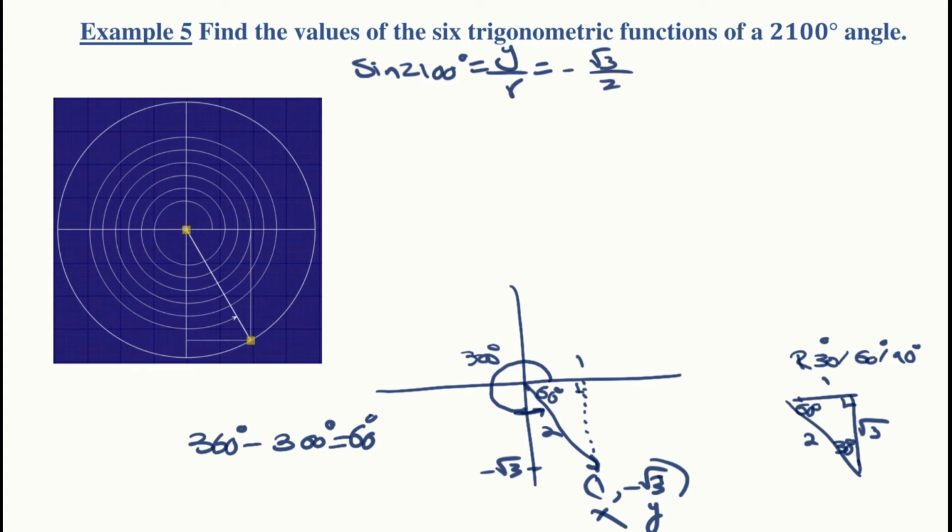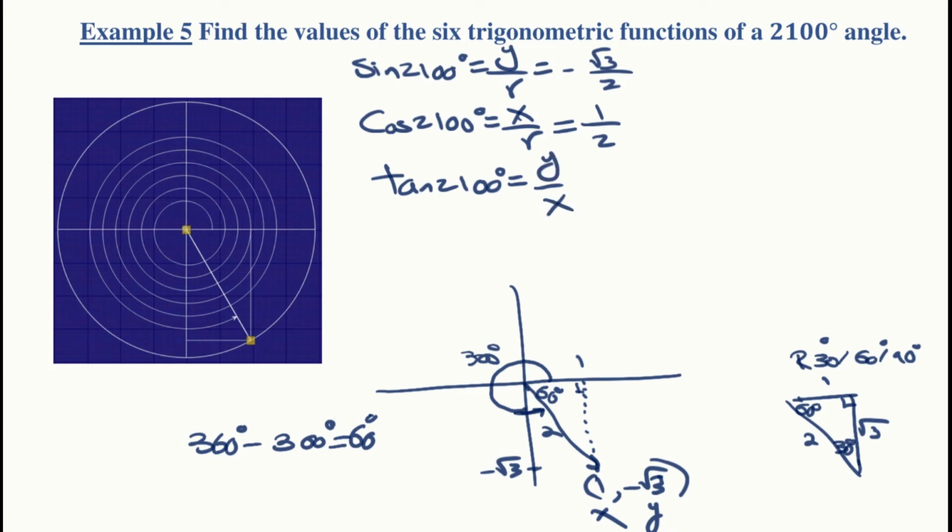The cosine of 2100 degrees is going to be x over r, which is equal to 1 over 2, positive 1 over 2. The tangent of 2100 degrees is going to be y over x, which is going to be negative square root of 3 over 1, which is negative square root of 3.